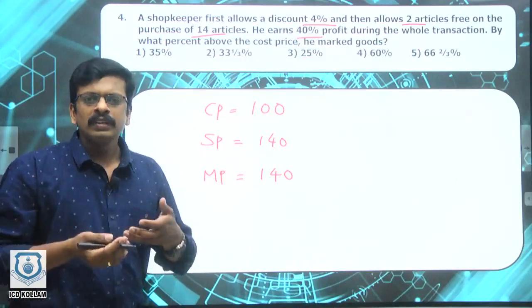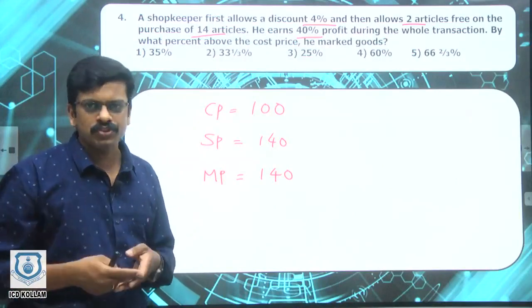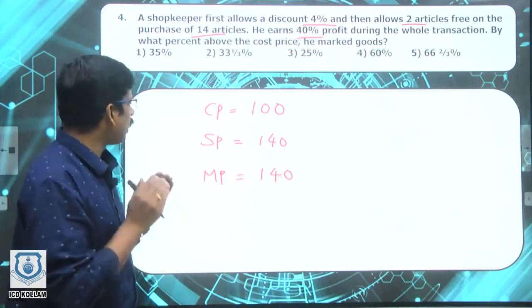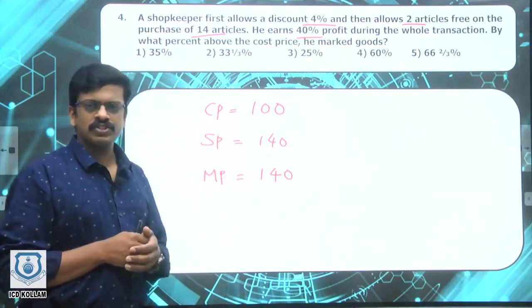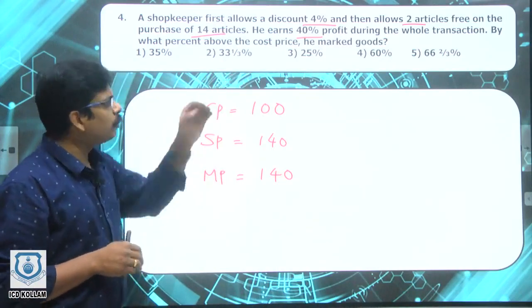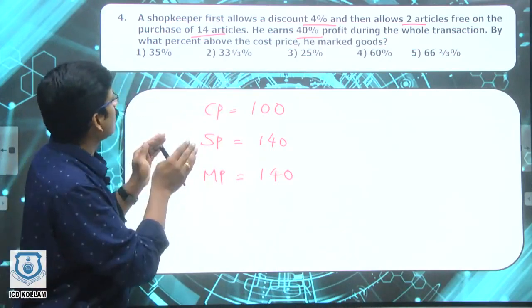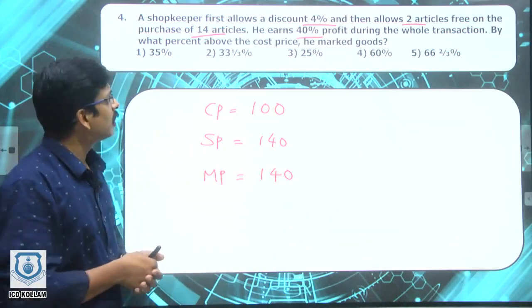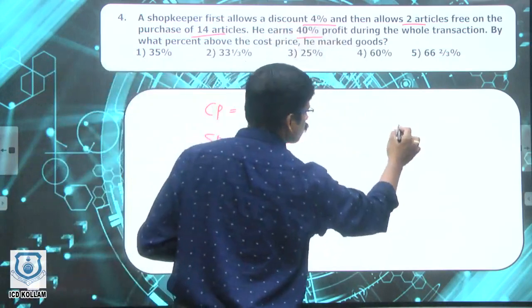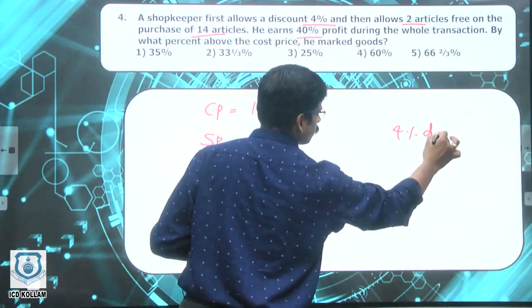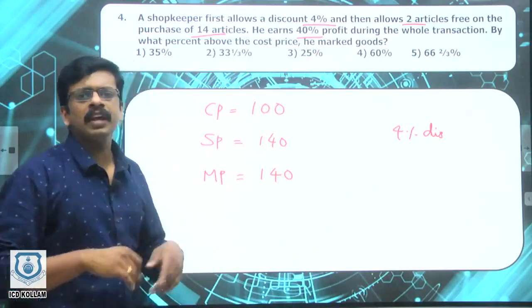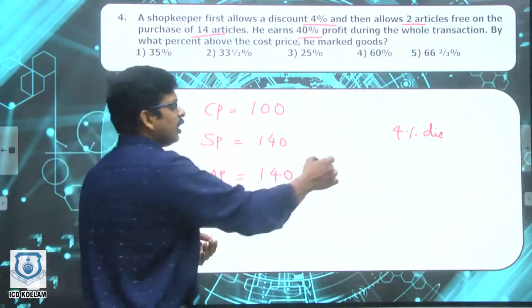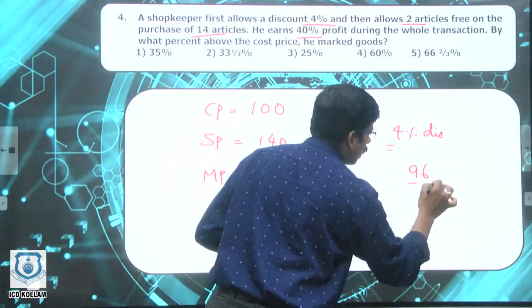There are two operating ratios we can choose in such a way that the mark price is according to that question. In the first case it is a 4% discount, so you can formulate a fraction, 96 by 100.